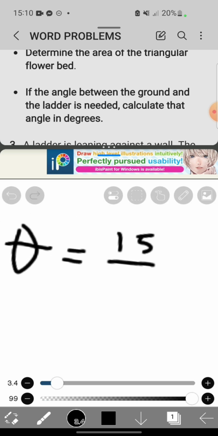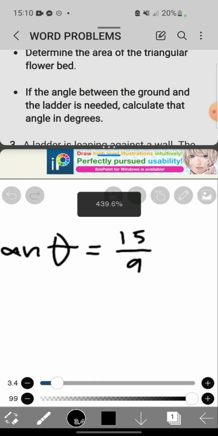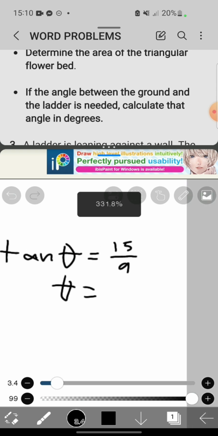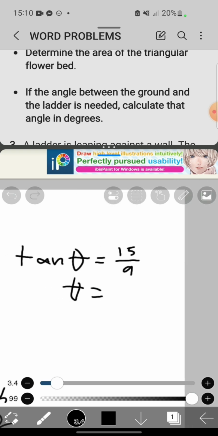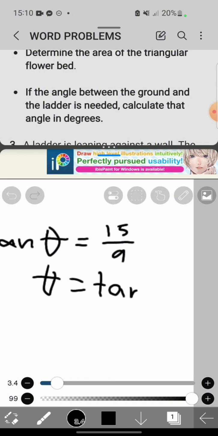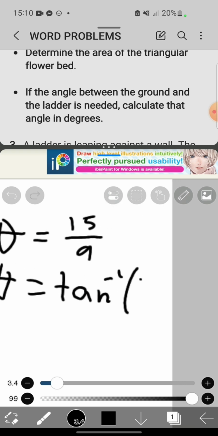To solve for theta, we can use the reciprocal of tan, I mean the arc tan. So arc tan of 15 over 9.